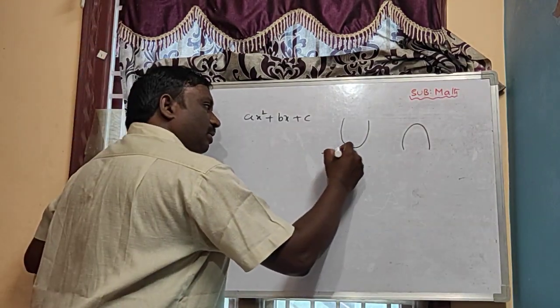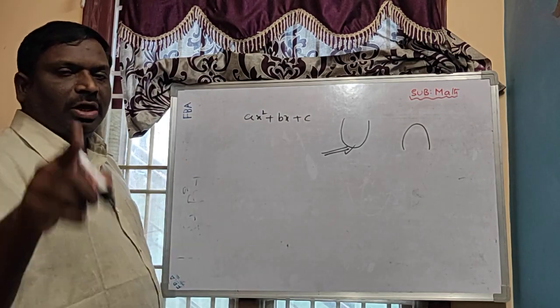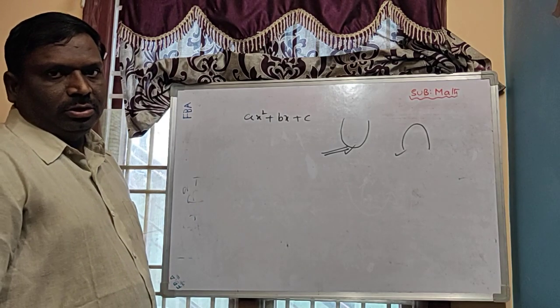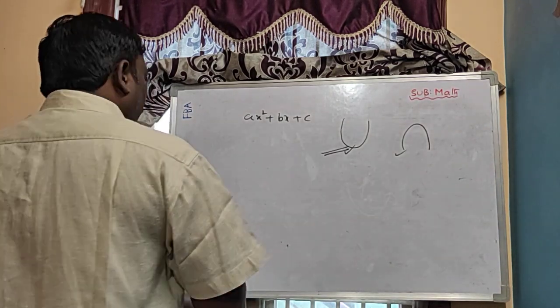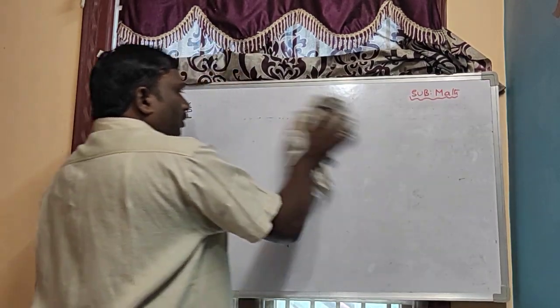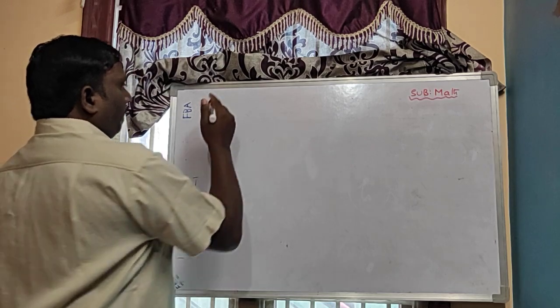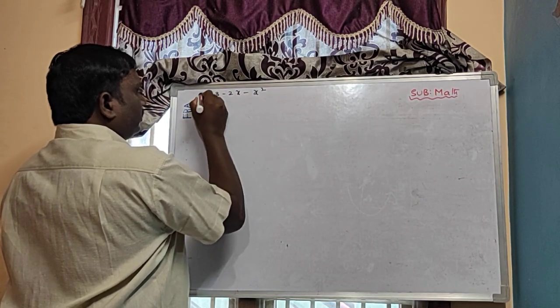Yesterday we saw the graph of an upward parabola. Now today I will explain one more example, for a downward parabola. Let us take the example 3 minus 2x minus x square.